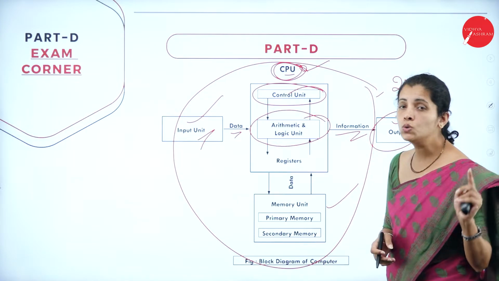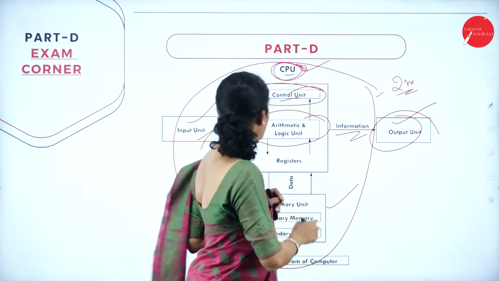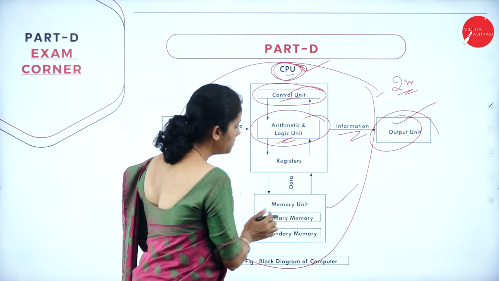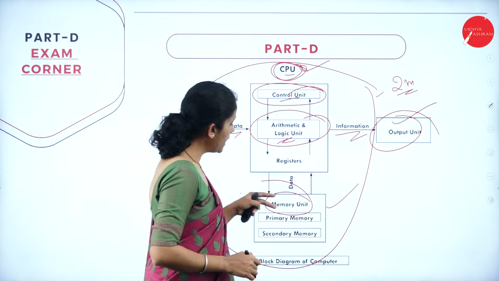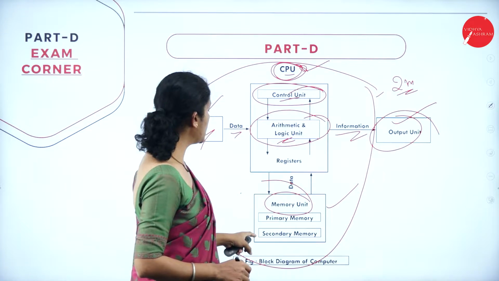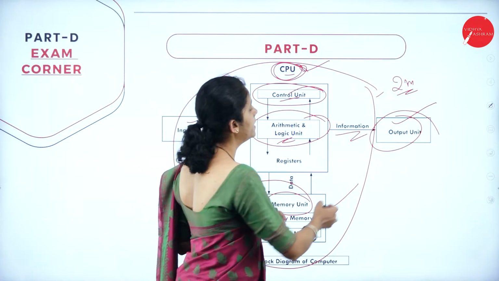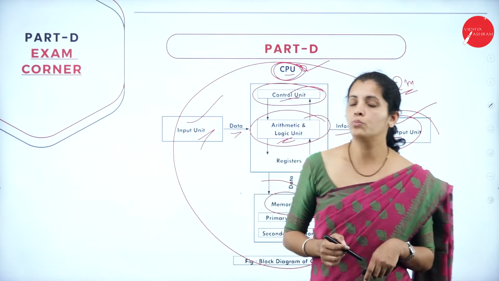Write at least 2 lines about the control unit as well as the arithmetic unit. Then write some information about the memory unit, and write that memory units are further classified into 2 types, primary memory and secondary memory. Then write at least 2 or 3 lines about the output device.